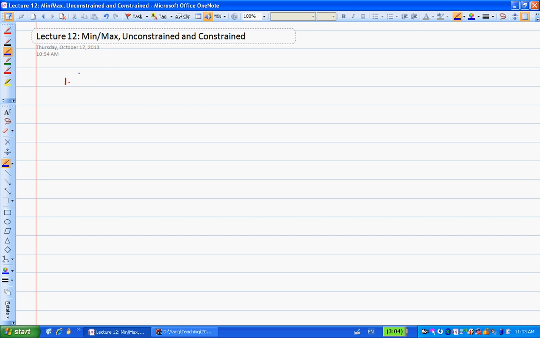Min and max are what we call extreme values and settlements. What this means is actually quite simple. Let's use a function of two variables, for example.